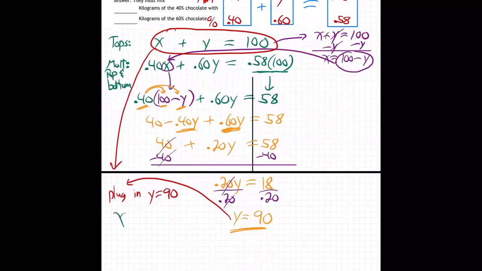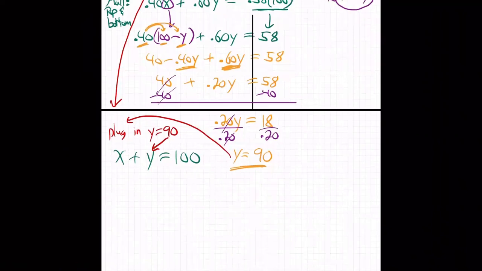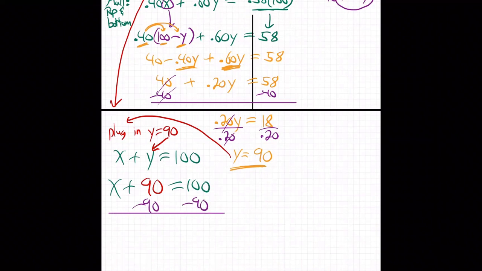So it'll be X plus Y is 100. Plug in the 90. So it's X plus 90 equals 100. Subtract 90 from both. And X equals, what was that, 10?